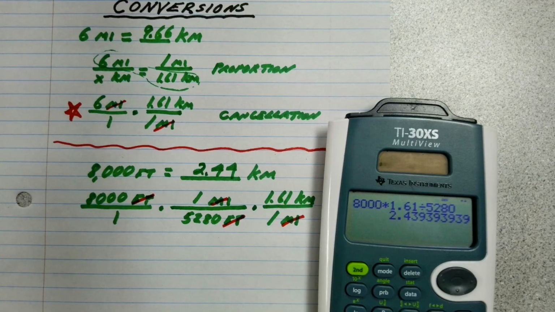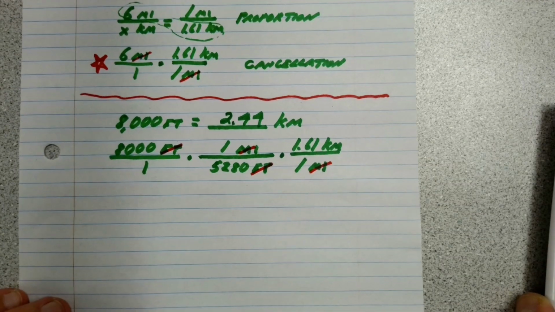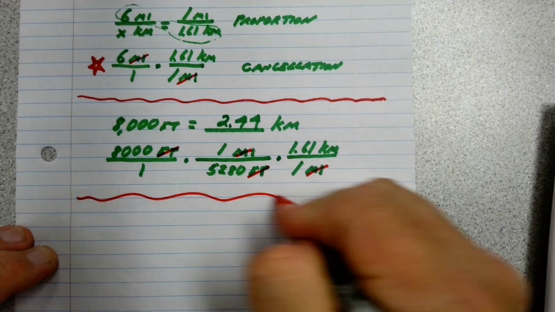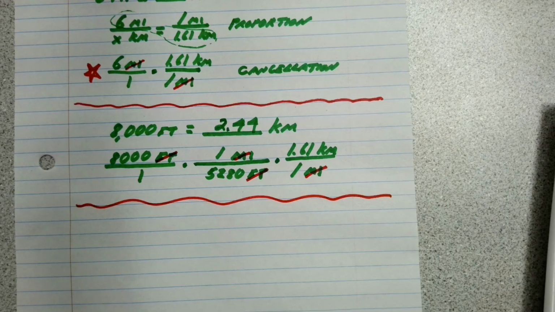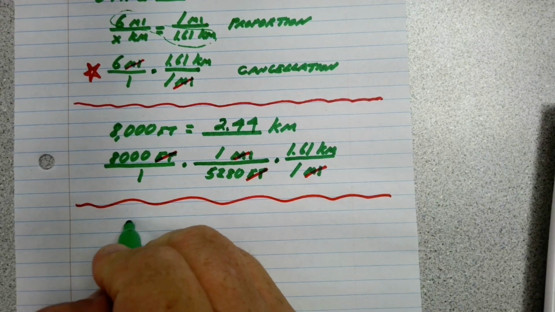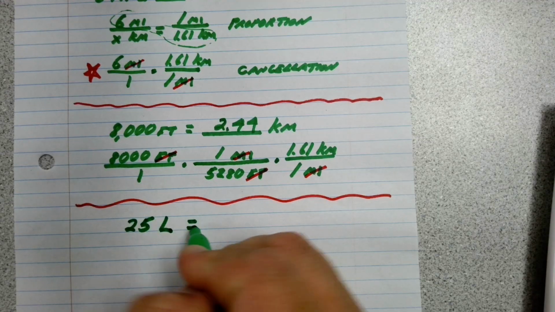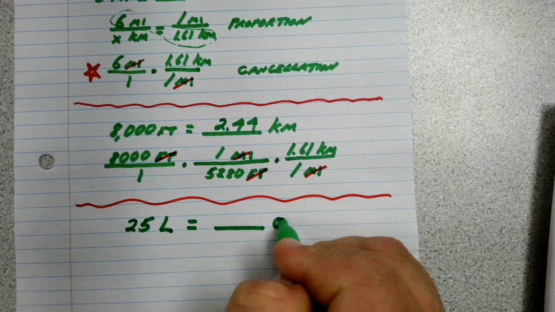Those are two with length. Let's do one that's not length. Let's use a different part of the conversions. So let's try 25 liters, and let's change it over to quarts.